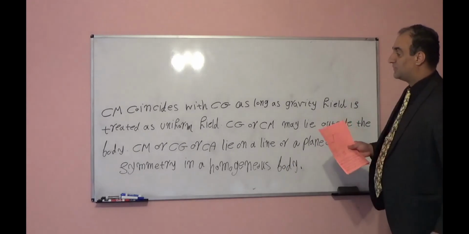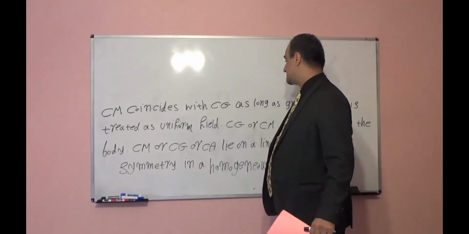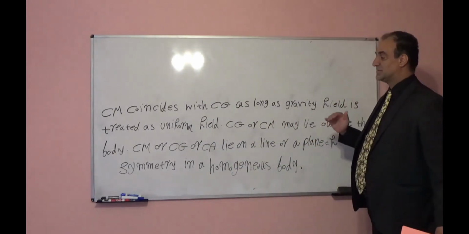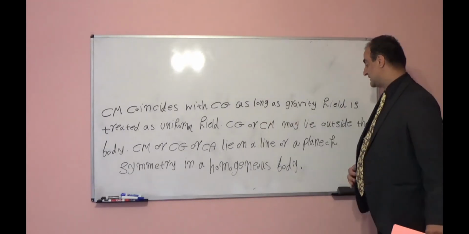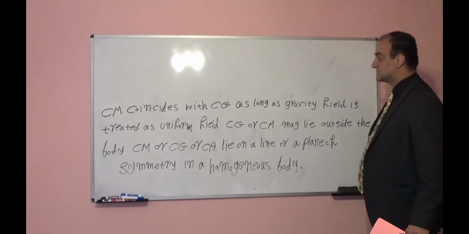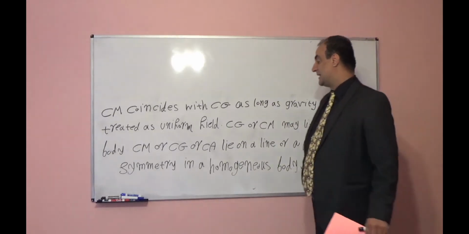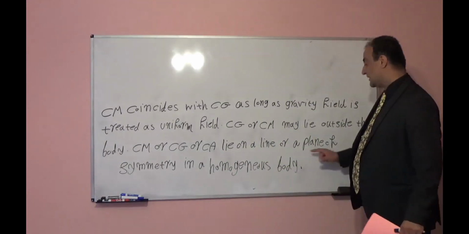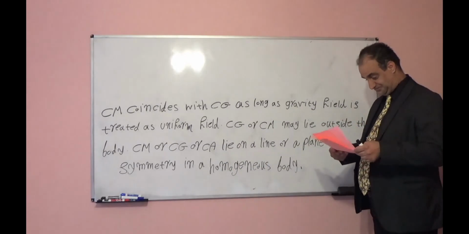So center of mass or center of area coincides with center of gravity as long as the gravity field is treated as a uniform field. Center of gravity or center of mass may lie outside the body. Center of mass or center of gravity or center of area lie on a line or a plane of symmetry in a homogeneous body.